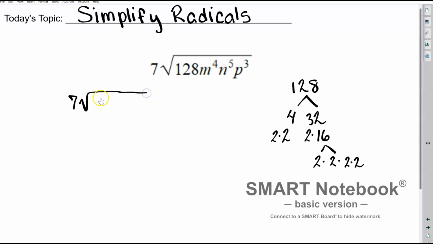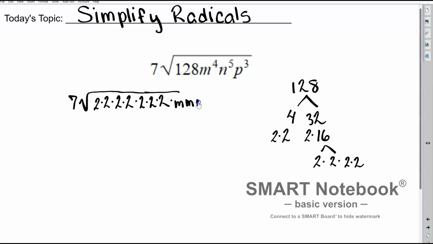And we have 1, 2, 3, 4, 5, 6, 7 of them. Okay. 2, 2, 4, 5, 6, 7. And I'll multiply them here real quick. 2, 4, 8, 16, 32, 64, 128. So I'm good.